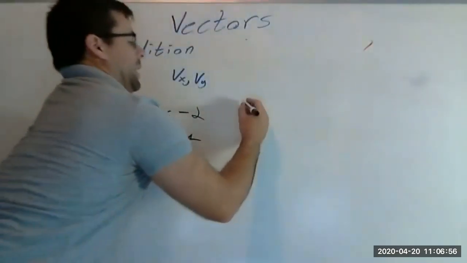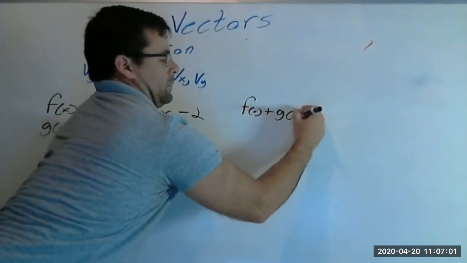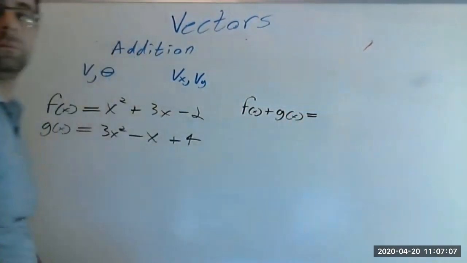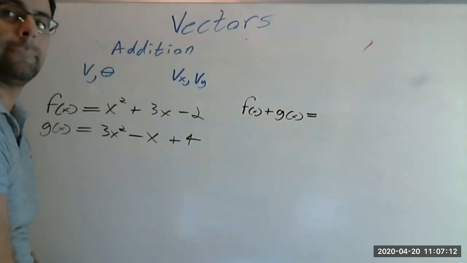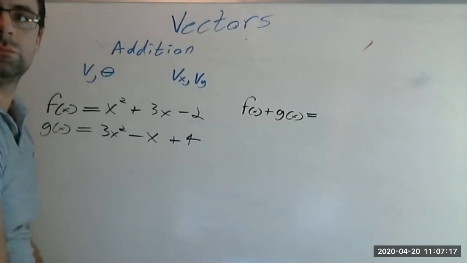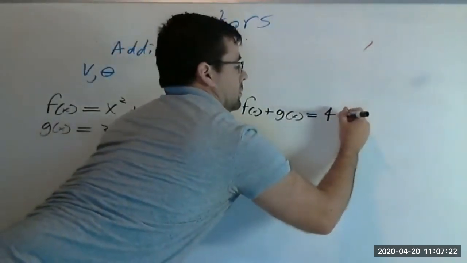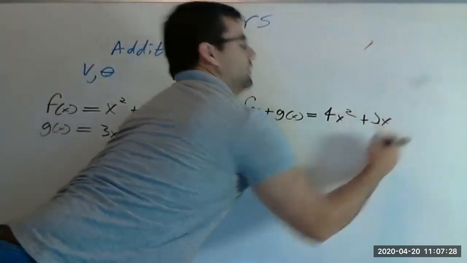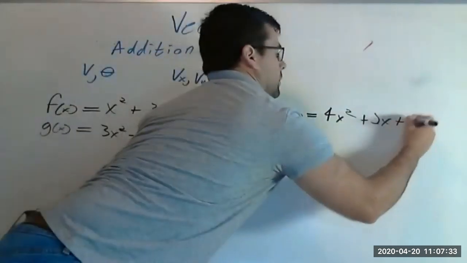What do I get? Would you get 4x squared plus 2x plus 2?